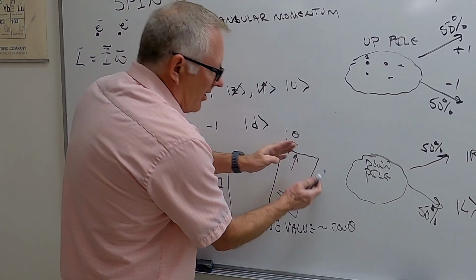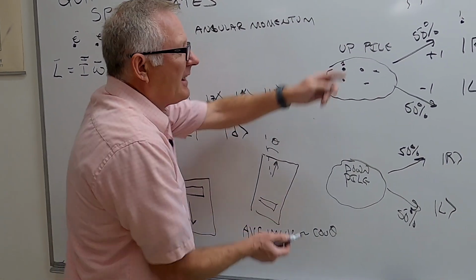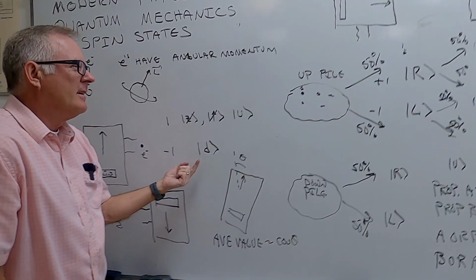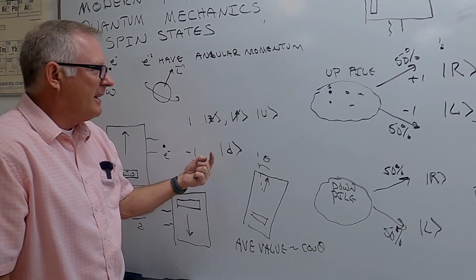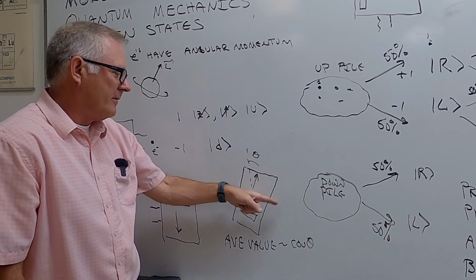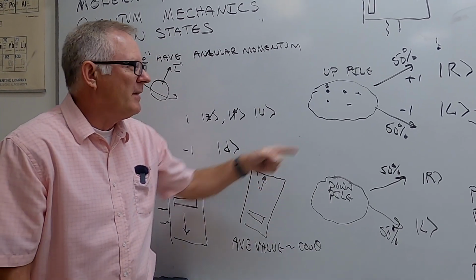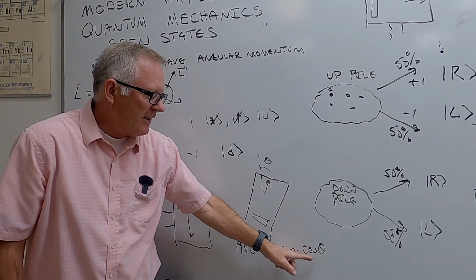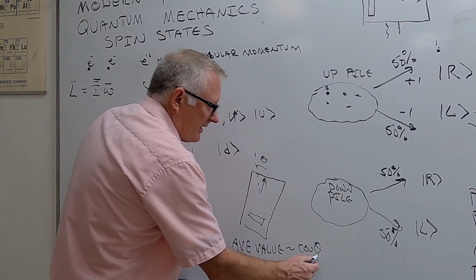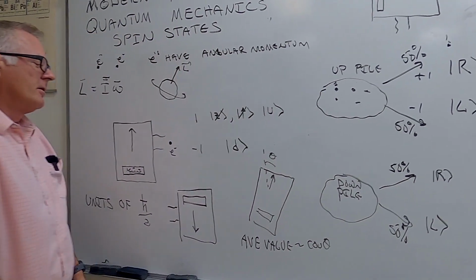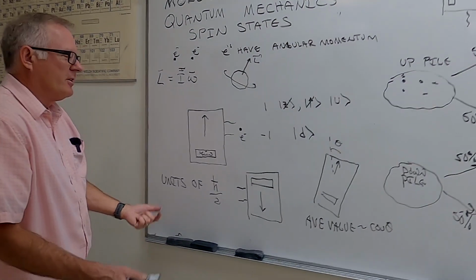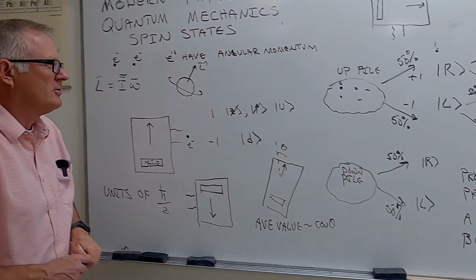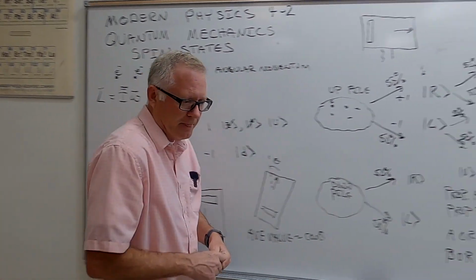And when you get all the way to perpendicular like this, then I'm going to get just as many ups as downs. The average value will be 50% +1, 50% -1, and the average value would be 0. And the cosine of 90 degrees is 0. So the average value would go as the cosine. We'll figure out how to do all this later. I'm just getting an overview of it right now.